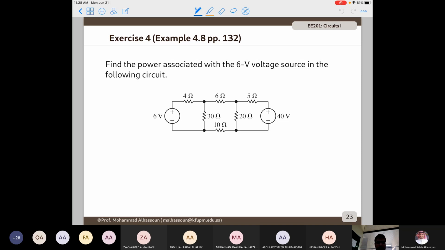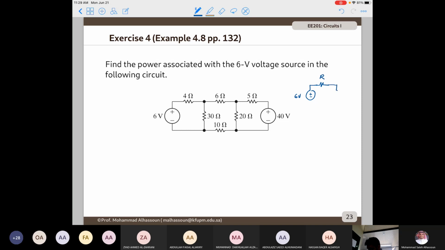We can apply node voltage easily, and we can apply mesh current easily. But let's apply some source transformation and simplify the circuit. In order to simplify the circuit, we need to have a resistor, 6 volt, and whatever comes here.